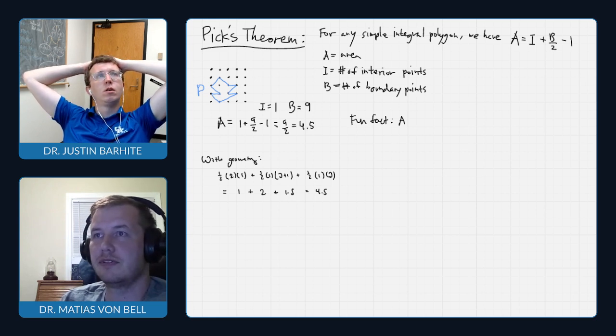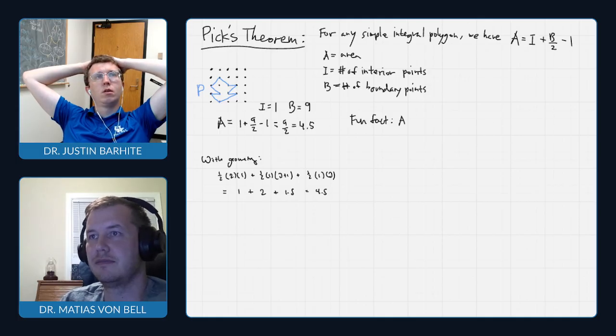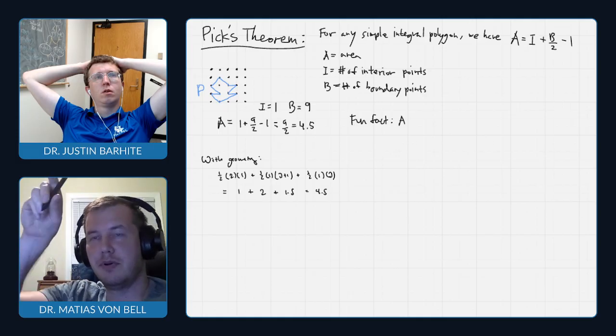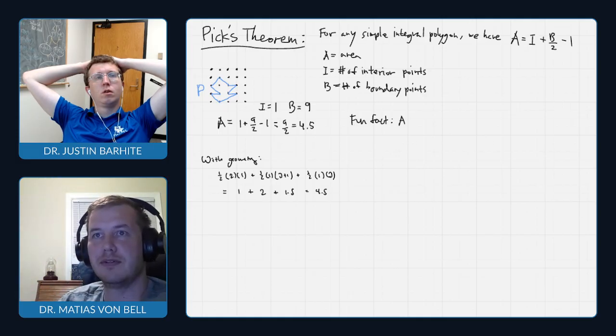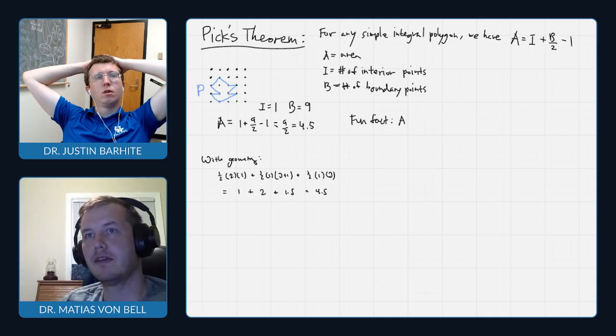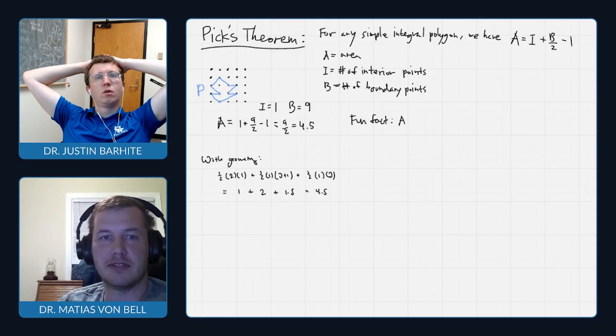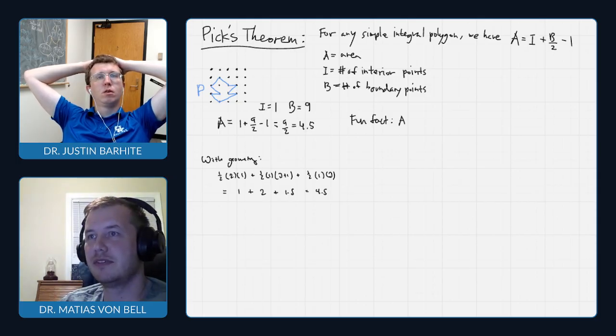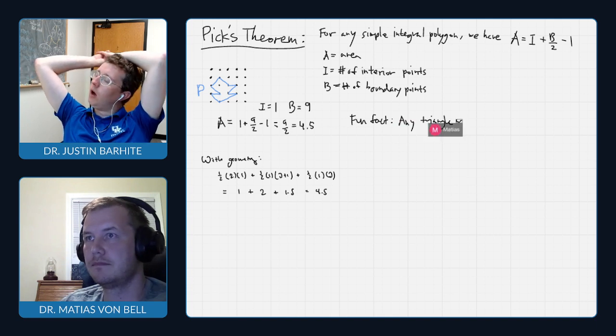It's obvious for simple triangles, but you can have some really thin triangles put into your integer lattice, and as long as there are no interior points, the area will always be 1/2.